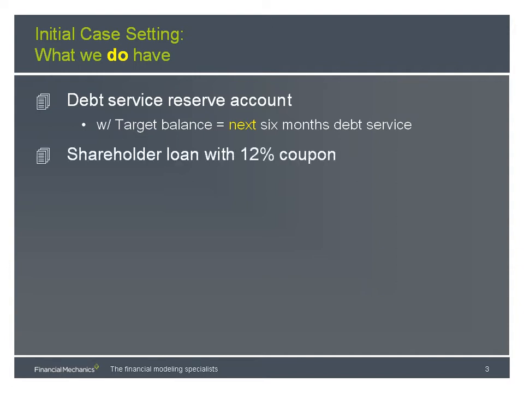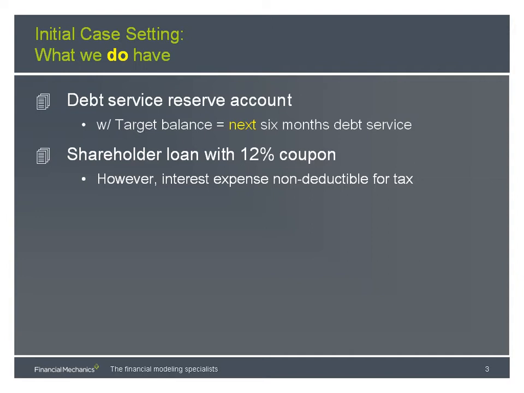We also have a shareholder loan, so we have some subordinated debt sitting underneath both the debt service reserve account and, of course, debt service itself, which is accruing a 12% coupon, which is being paid subordinate, of course, to the senior debt service requirements. But we are taking a simplifying position that the interest expense on that is not deductible for tax.